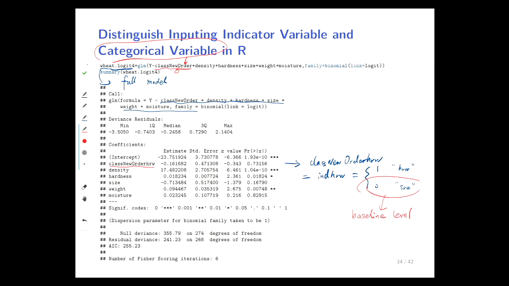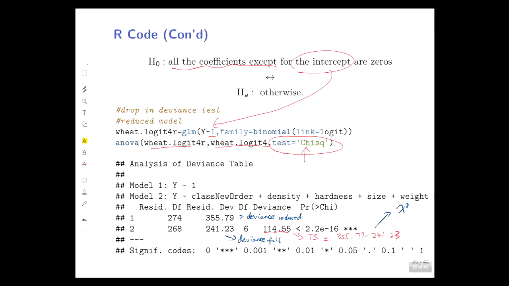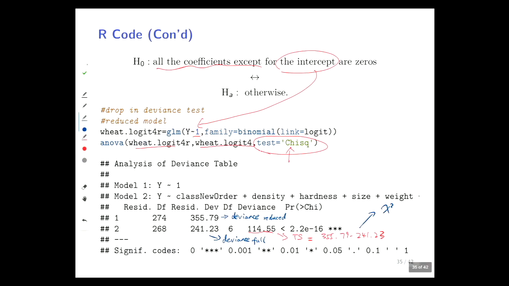So we are testing 1, 2, 3, 4, 5, 6. We are testing 6 variables. So we compare it to the chi-square distribution with 6 degrees of freedom. And then we can compute the p-value. Here, the p-value is smaller than 0.05, so we can conclude that at least one of these variables is needed in the model.